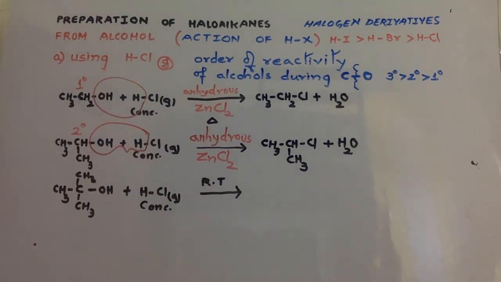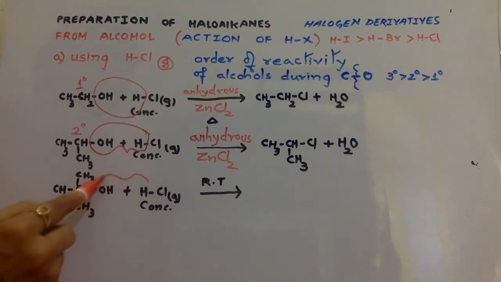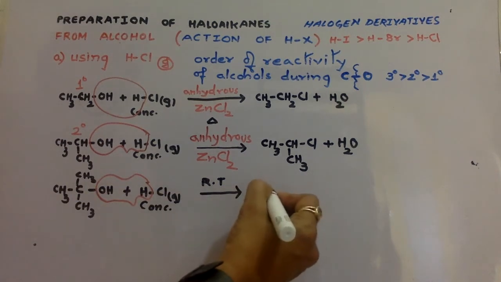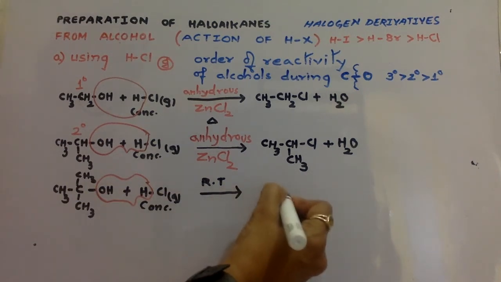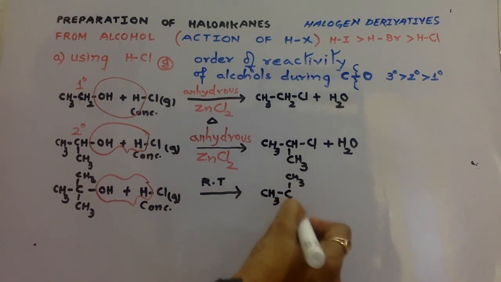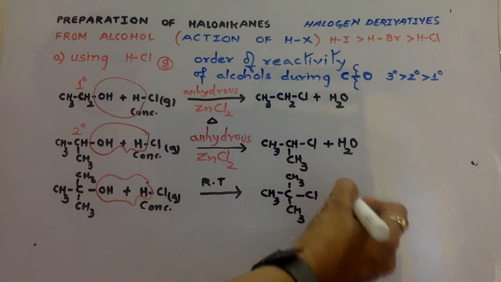No need to add anhydrous zinc chloride. So I immediately get tertiary butyl chloride, that is 2-chloro-2-methylpropane and a molecule of water.